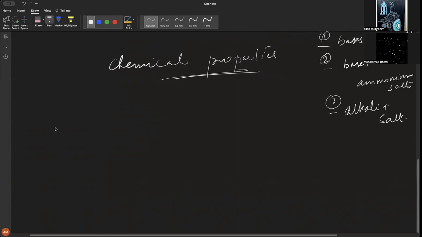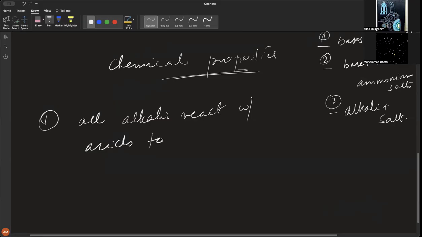First one is very simple. Number one, we say all alkalis react with acids to form a salt and water only.